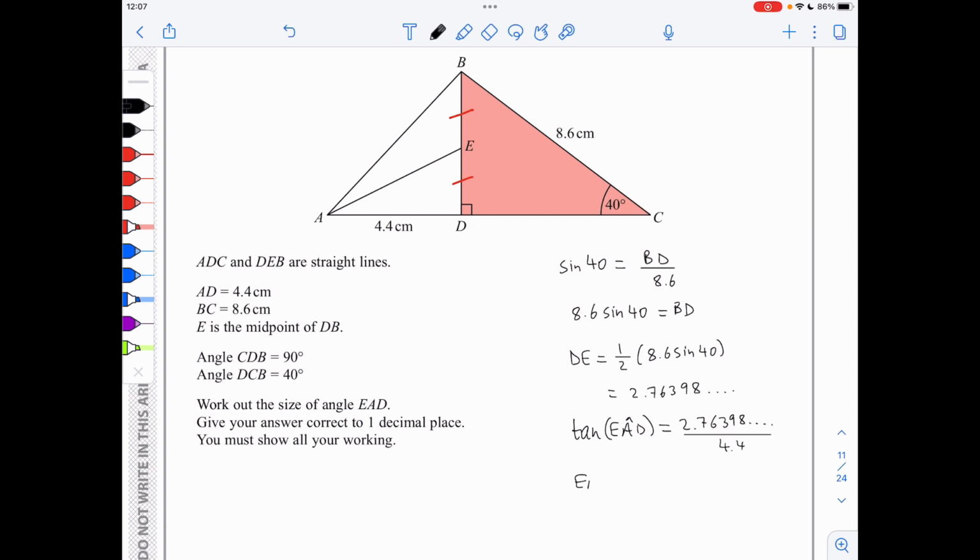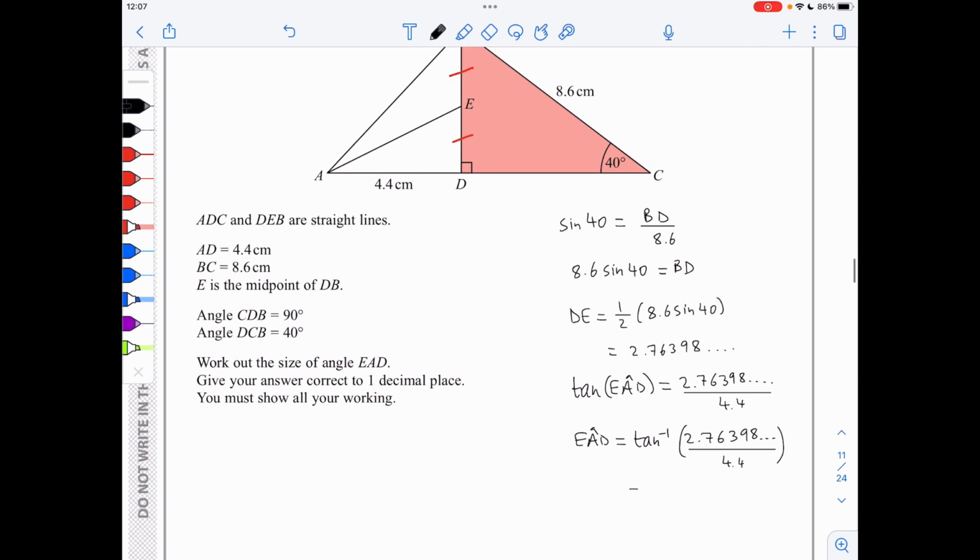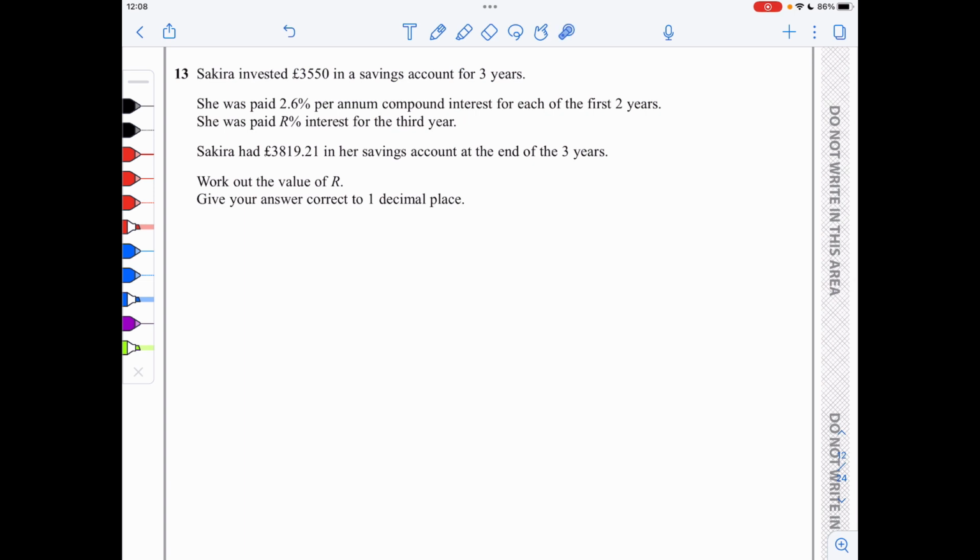So to find the angle EAD, we need to do shift tan of the right hand side, 2.76398 over 4.4, and this gives an answer of 32.1 degrees.